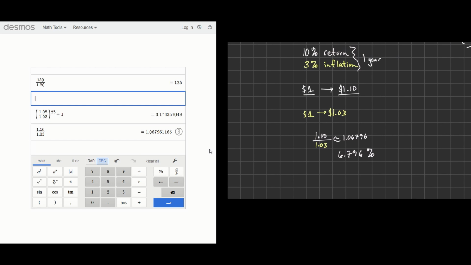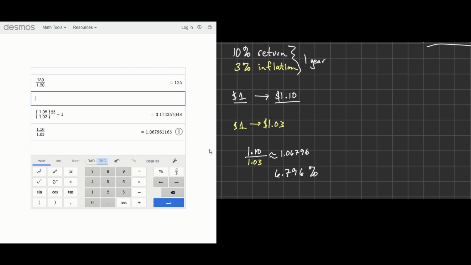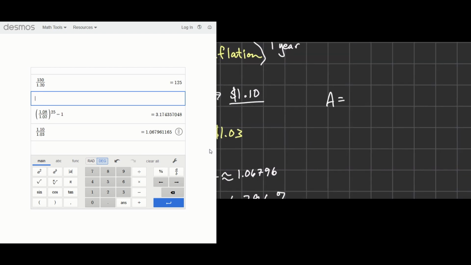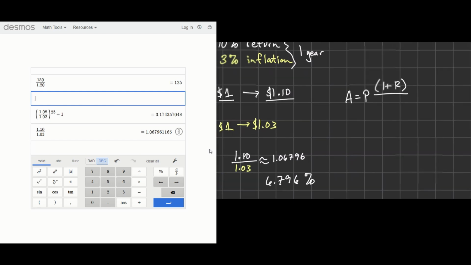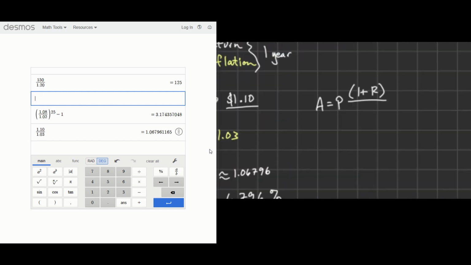All right, so what's a general formula then that we can use to figure out the value of an investment taking inflation into account? So what you can do is you can say our final value is going to be our initial value, whatever we start with, times 1 plus the rate of return. That's going to be in our numerator, from over here, that $1.10, over 1 plus the rate of inflation.